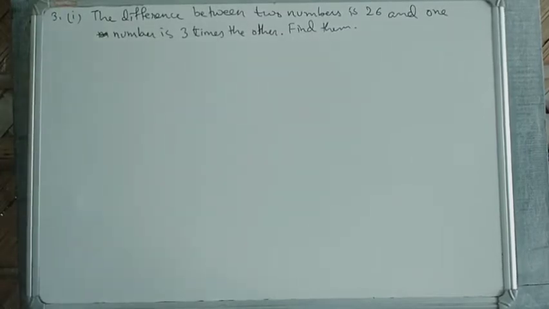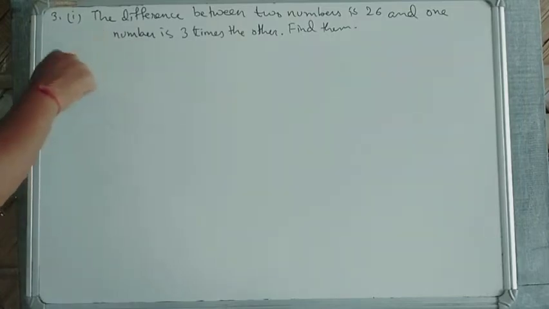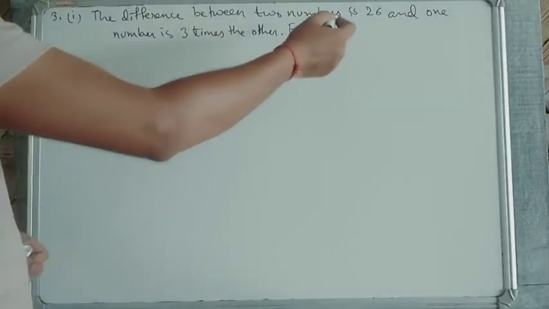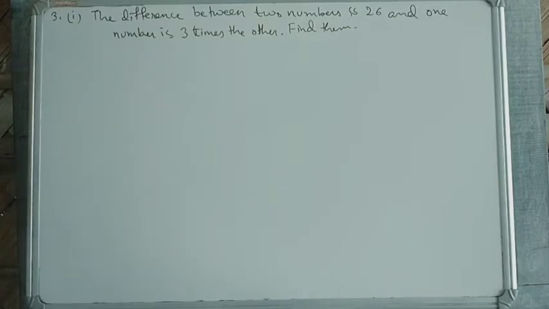Now what is your question? The difference between two numbers is 26. So there may be two numbers whose difference is how much? 26, and one number is 3 times the other. Find them. Okay, very simple question this one. So what will be taken? Because we do not have the two numbers, what will we take?